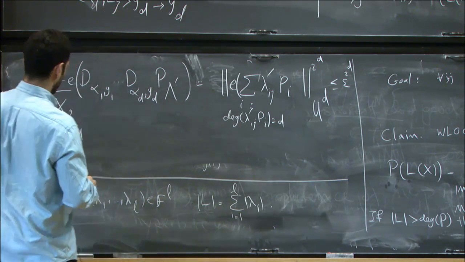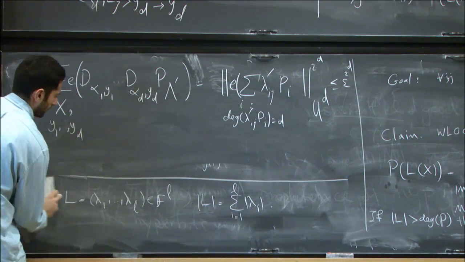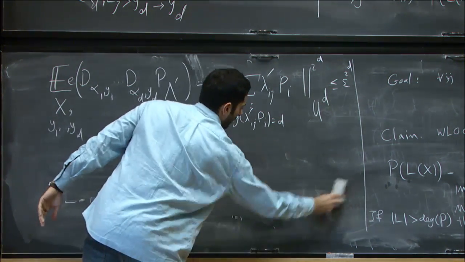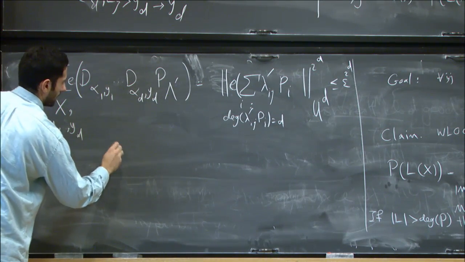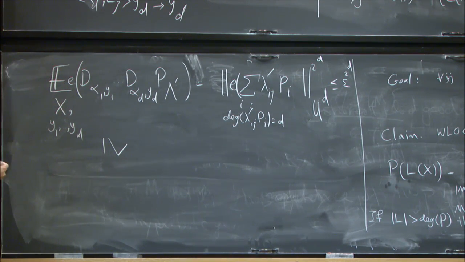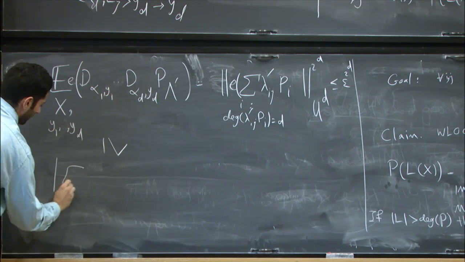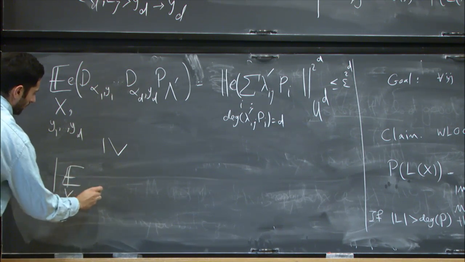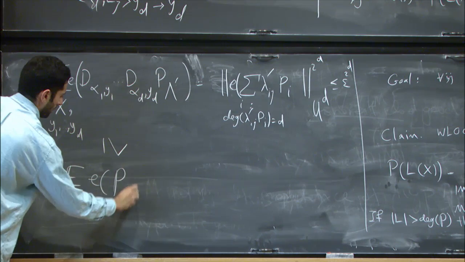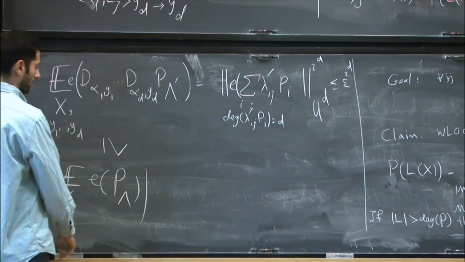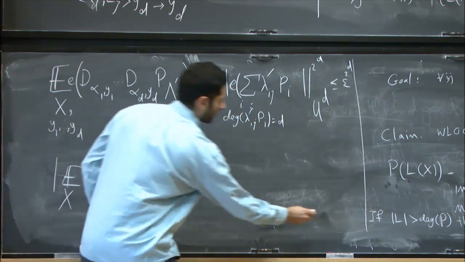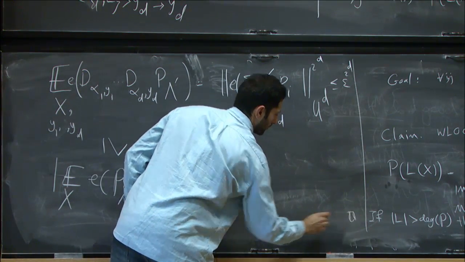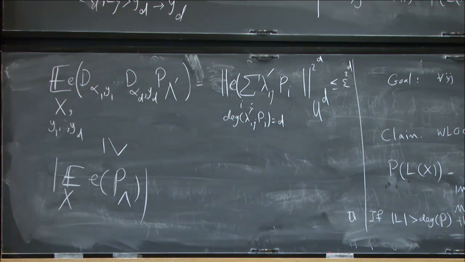By a repeated application of the Cauchy-Schwarz inequality, we know that this is an upper bound on what we wanted to show. It's easy to verify that repeated application.